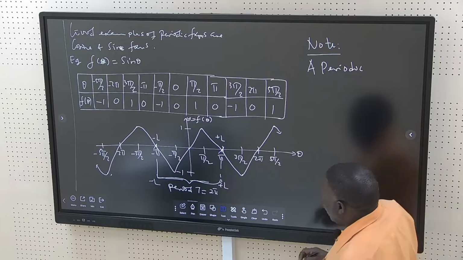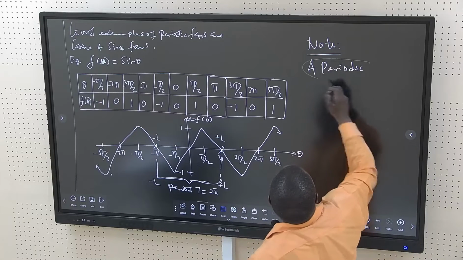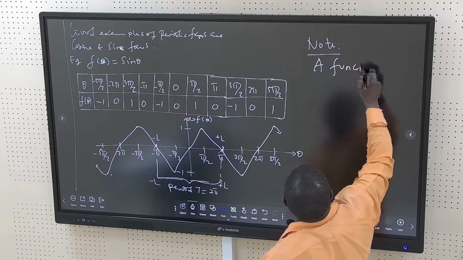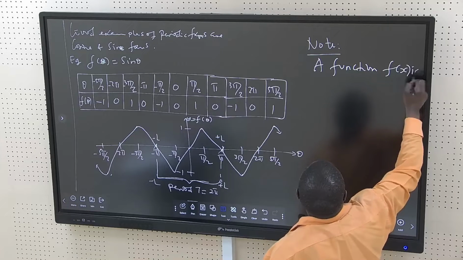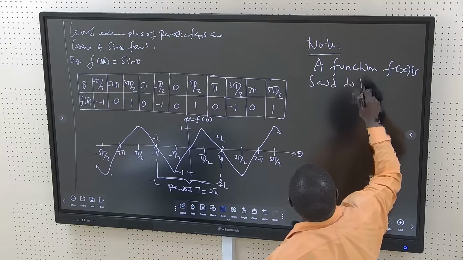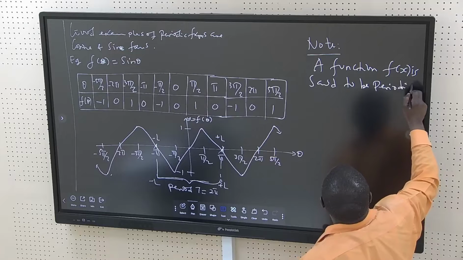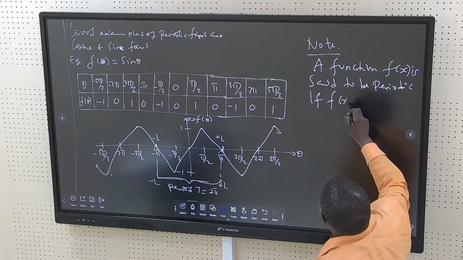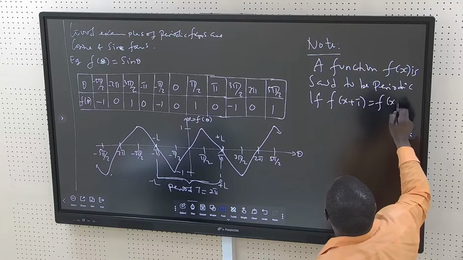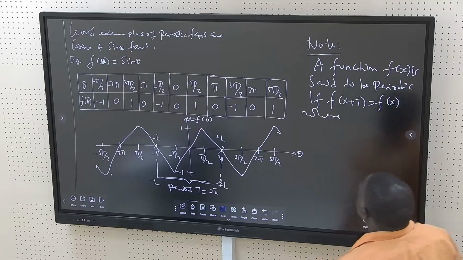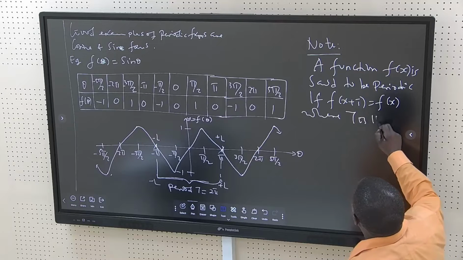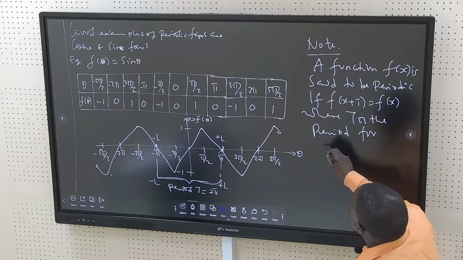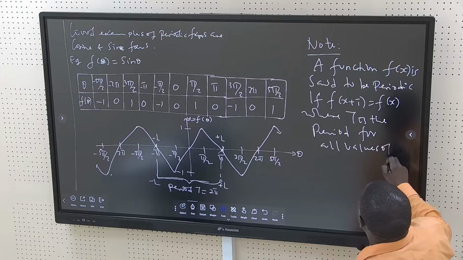We say a function f of x is said to be periodic, this is very important, if f of x plus T equals f of x, where T is the period, for all values of x.